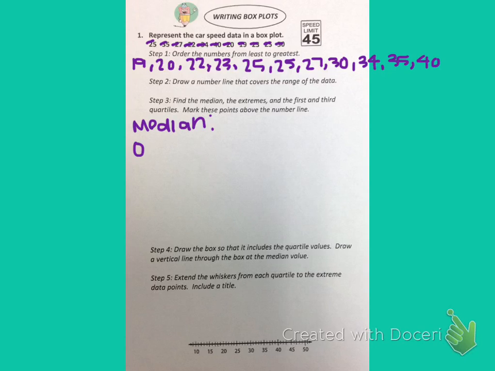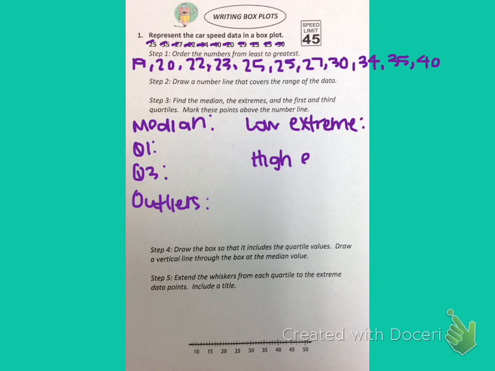We need to find Q1, Q3, and then we need to find if there are any outliers, and then that will tell us what our low extreme and our high extreme are. Okay, so I want you to go ahead and pause the video to find the median, your first and third quartiles, and the outliers, and then we'll do the low and high extremes together. Press play when you're ready to continue.